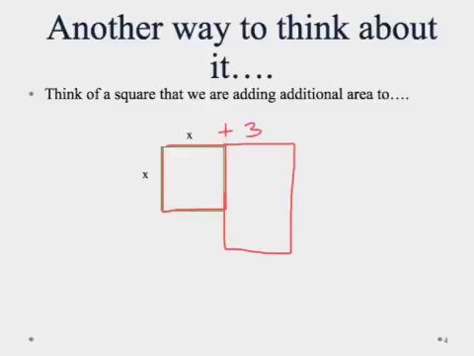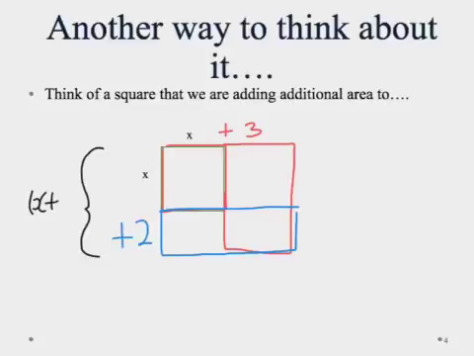Now on this side, let's add another length to it and call it 2, plus 2. Now this length on our shape is called x plus 2, and this length on our shape is called x plus 3.